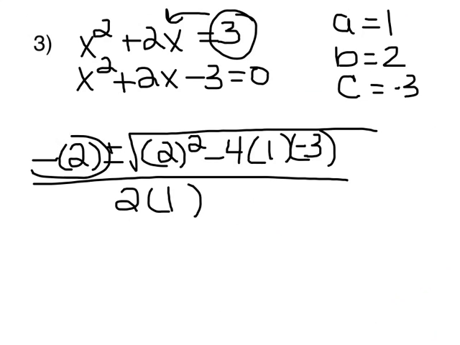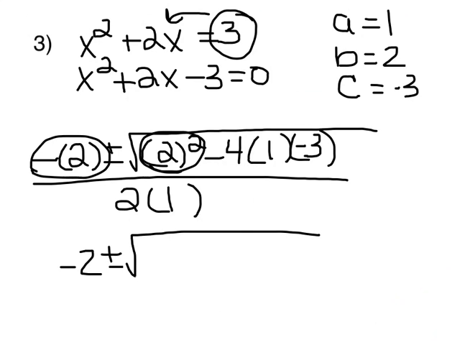Now let's simplify. Here we have a negative 2 plus or minus the square root of 2 squared right there is 4. This section right here, negative 4 times 1 times negative 3. A negative 4 times a negative 3, because it's negative times a negative, we'll get a positive. 4 times 1 is 4, times 3 is 12.